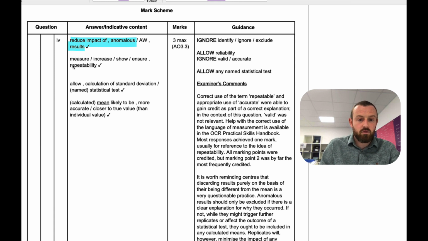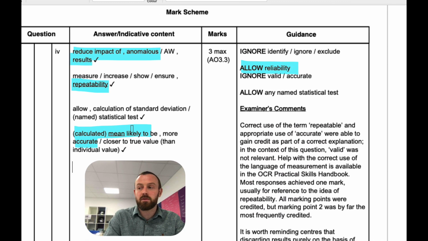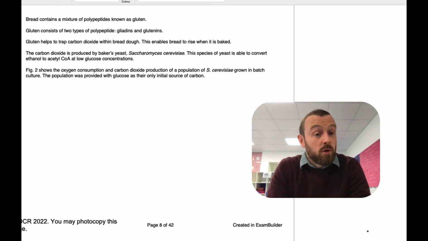Increases repeatability. It says allow reliability, but I really should have said repeatability there. And calculated mean would be more accurate, is I think what I said. Calculated mean is likely to be more accurate, and that's because random errors average out. So therefore you get closer and closer to your true value, which is the actual size of the bacterial population. Okay? Okay, on to question 3.